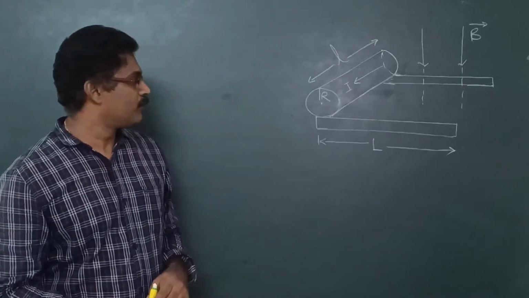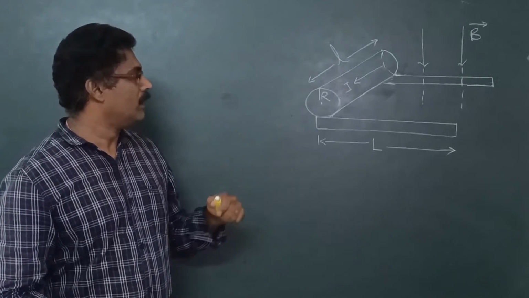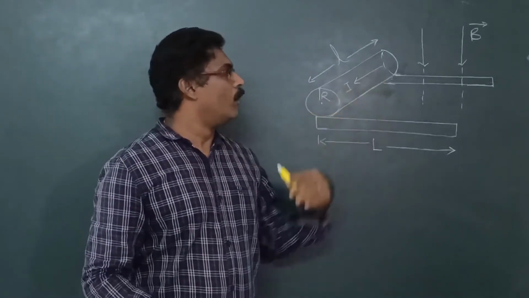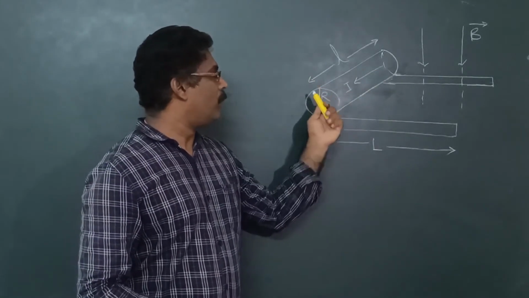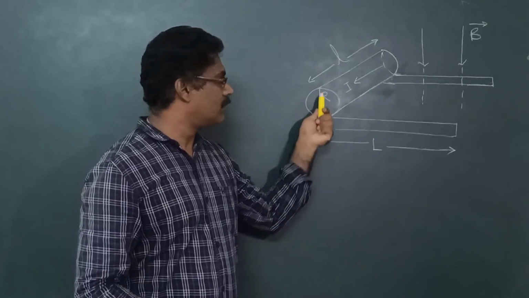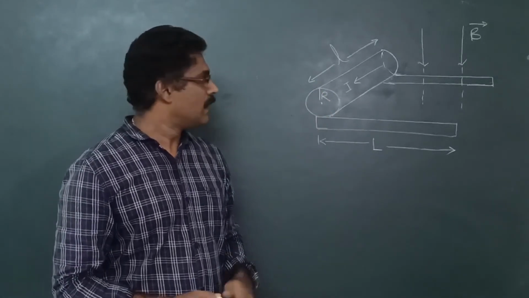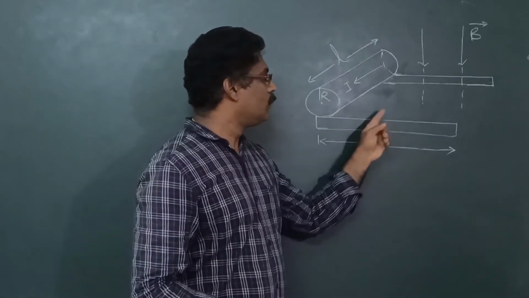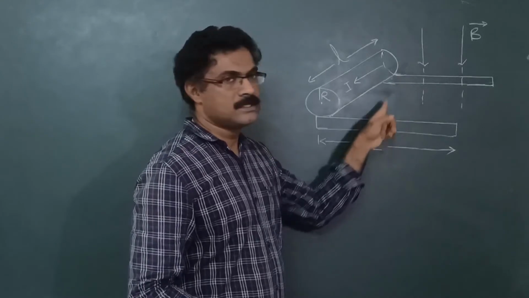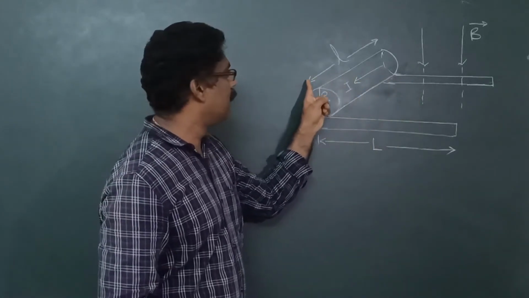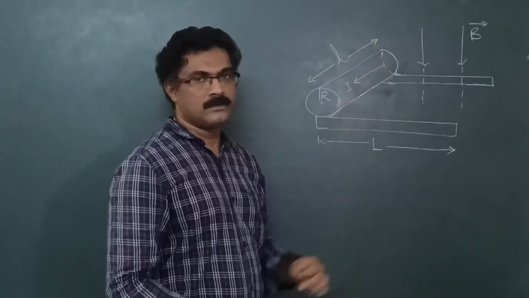Now we can move to the next question. Question is, you are given a rod of mass m and radius r, and it is placed on two parallel rails. They are separated by a distance small l.